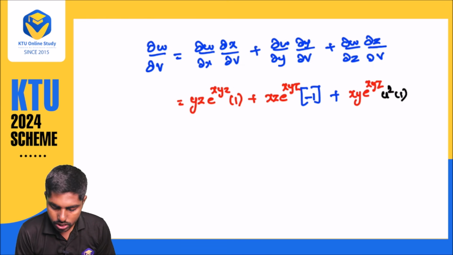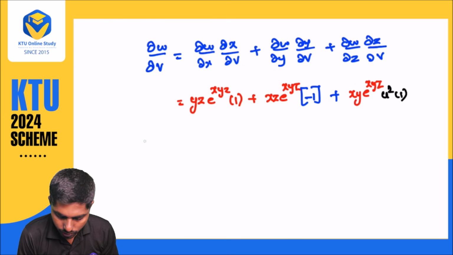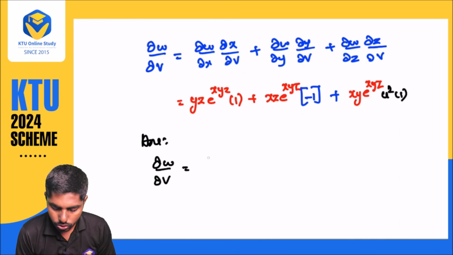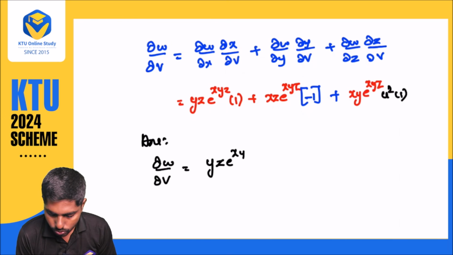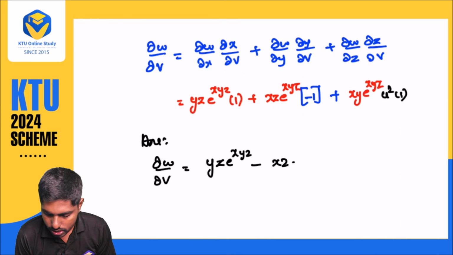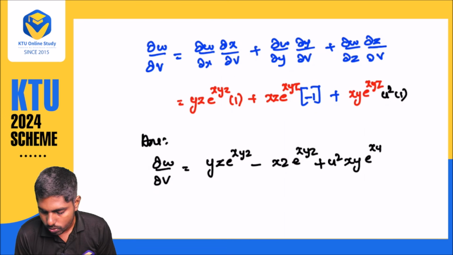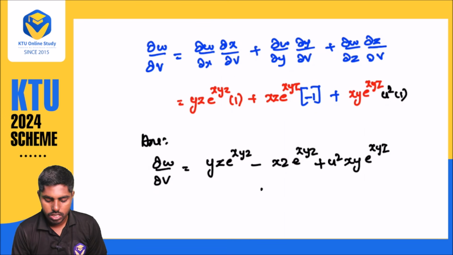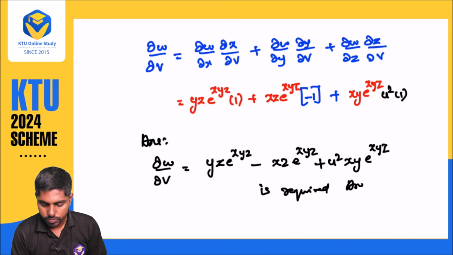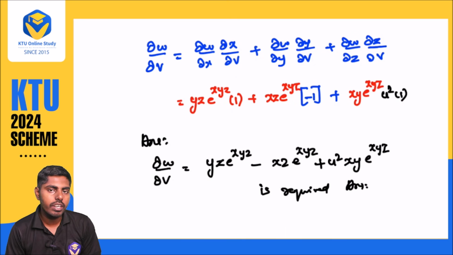So this is our required answer. Our answer ∂w/∂v is equal to uz e^(xyz) minus xz e^(xyz) plus u square xy e^(xyz). This is the required answer. So the entire thing lies on the diagram.